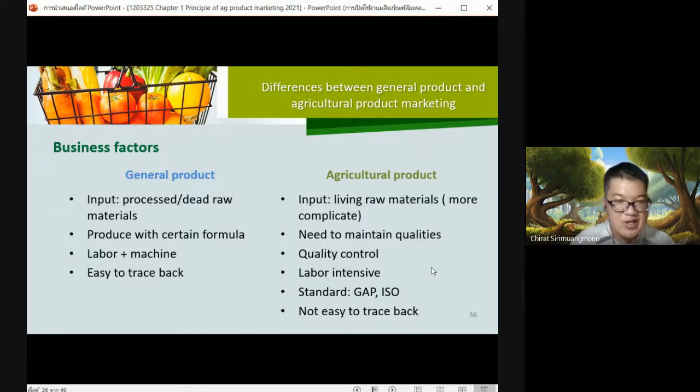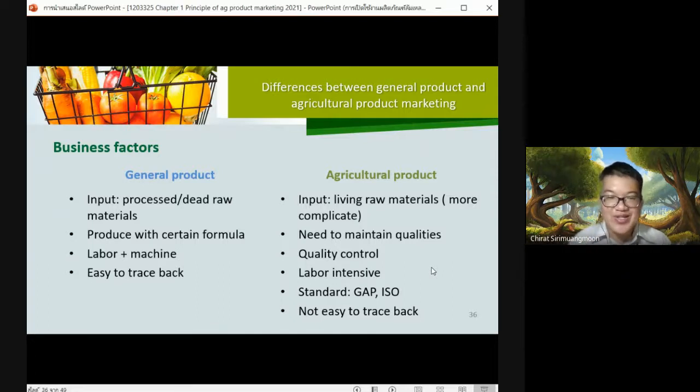General products are also produced in a certain formula, so they have a standard. But agricultural products differ in terms of quality, and in terms of shape and size too. For example, one plant of tomato does not have the same color or same size or same shape.